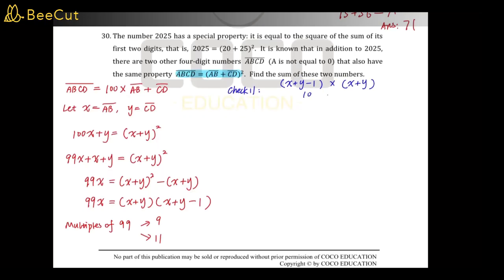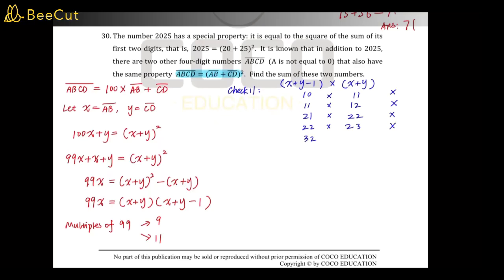So we got 10 times 11. This one cannot, it's not divisible by 9. 11 times 12, not divisible by 9. The next one is 22. So 21 times 22, 22 times 23. They are not divisible by 9. Then the next multiple of 11 is 33.